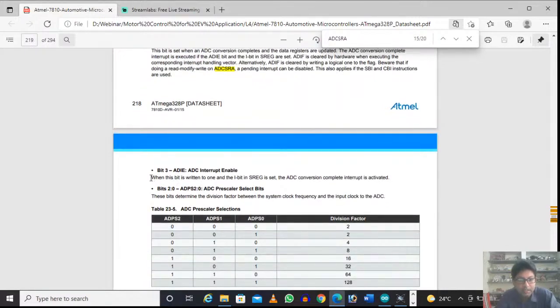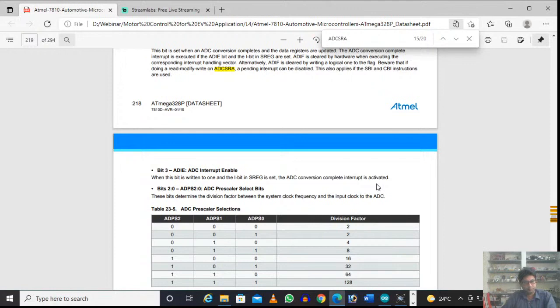When this bit is written to 1 and the I bit of the SREG is set, which I have already set, the ADC conversion completed interrupt is activated. I need not put any pause. Once the ADC conversion is completed, it will generate one interrupt.